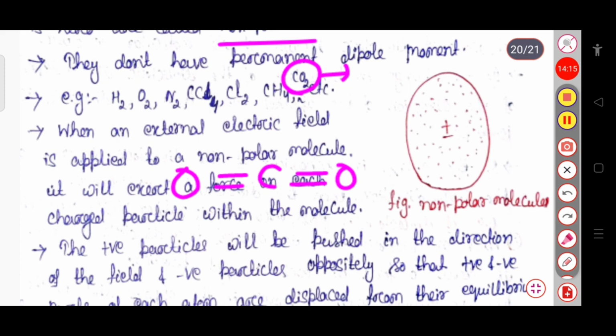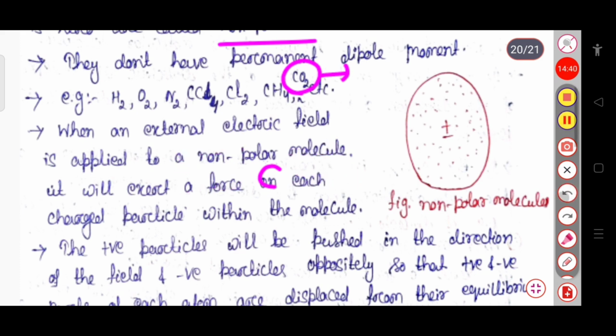So the electric fields will be like this. Since these are in opposite directions, we can call it a non-polar molecule. But in the case of the water molecule, they all lie in the same direction. That's why they are called polar molecules. We are not going into further details on it. So let us see the next point.